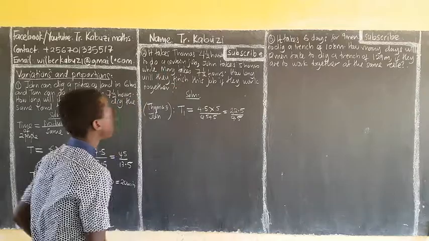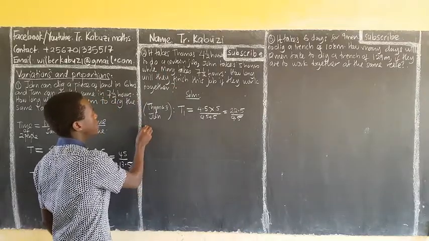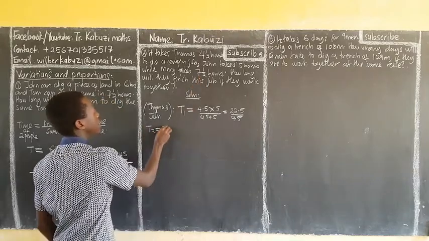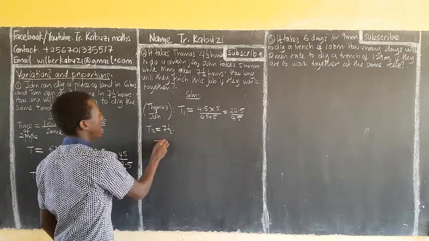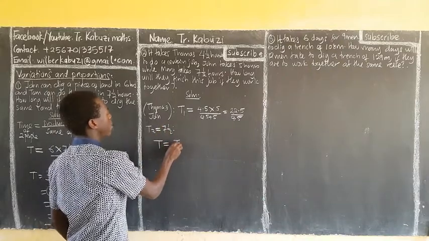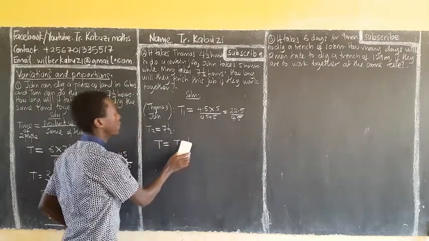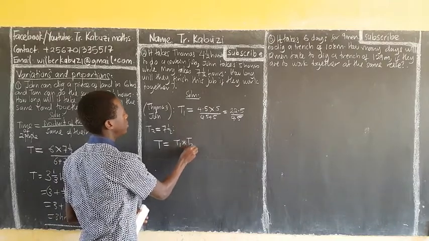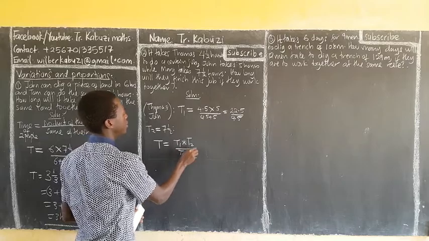T2 is going to be the time for Mary, which is 7.5. Meaning, the time altogether will be T1 times T2 over T1 plus T2.